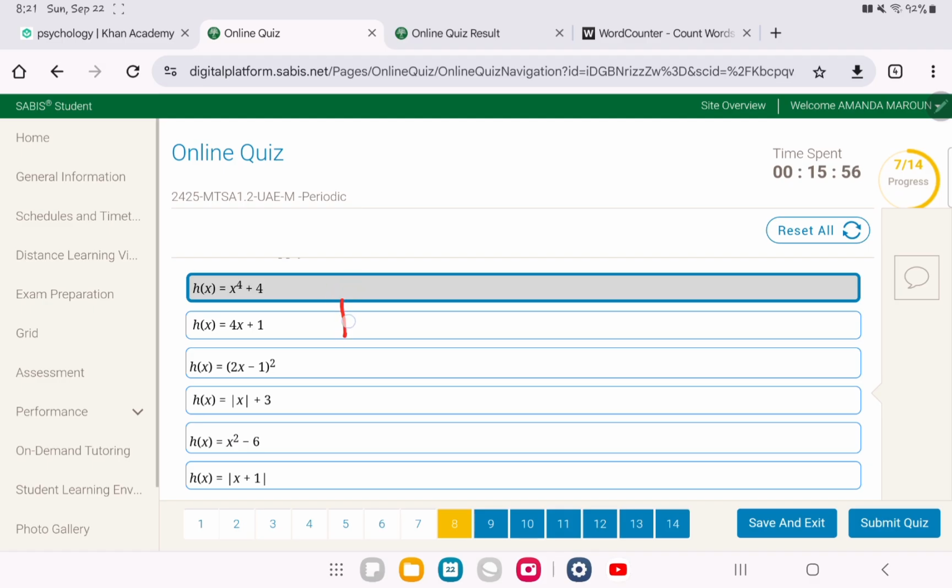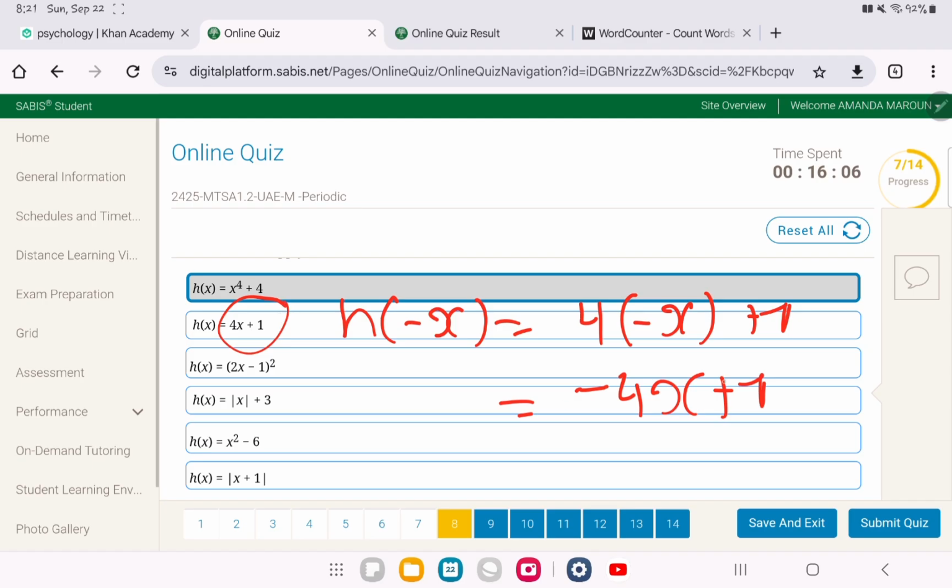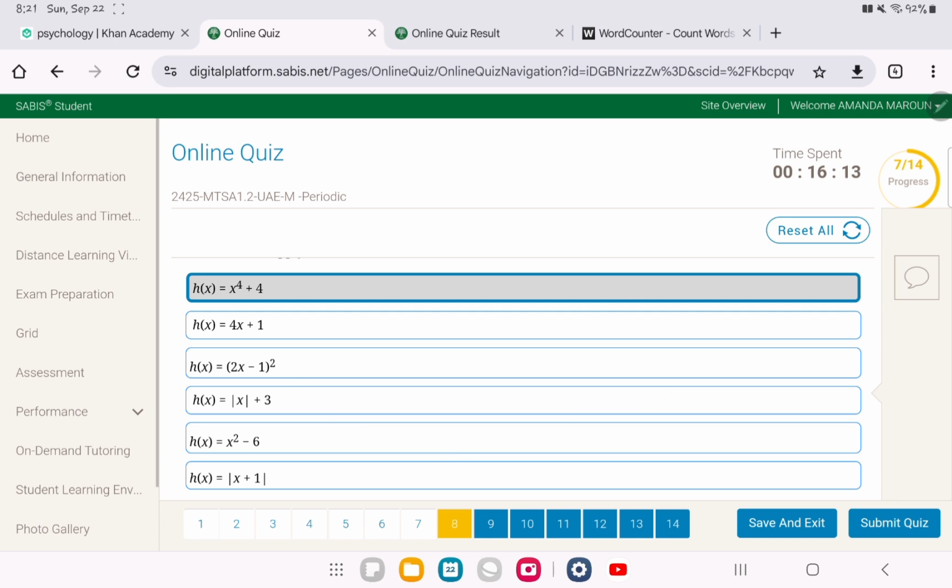The second one, h(minus x) is equal to 4 times minus x plus 1. So then we get minus 4x plus 1. Definitely 4x plus 1 and minus 4x plus 1 are not the same, so it is not even. Okay? h(x) equals (2x minus 1) to the power of 2.